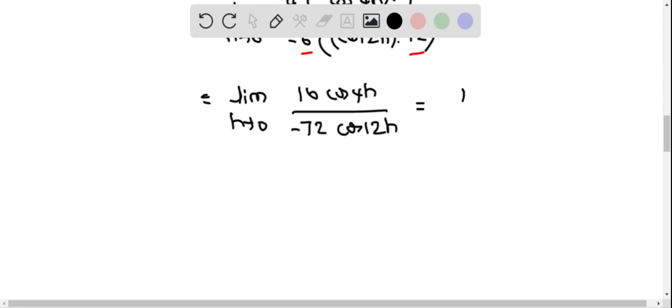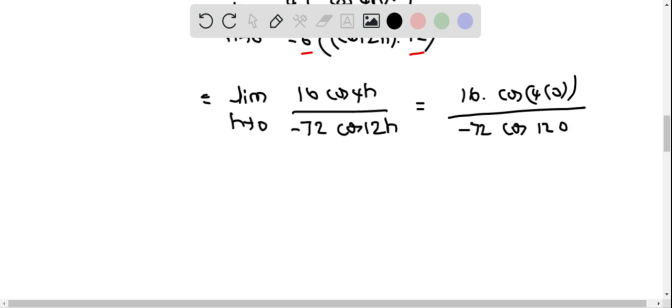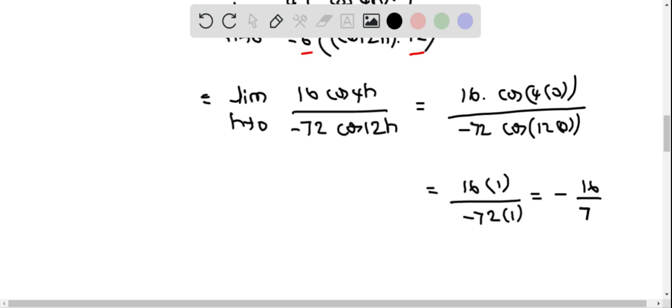So this becomes 16 times cos of 4 times 0 over negative 72 cos of 12 times 0. So this becomes 16 times cos 0, which is 1, and negative 72 times cos 0, which is 1 once again. So basically this gives negative 16 over 72.